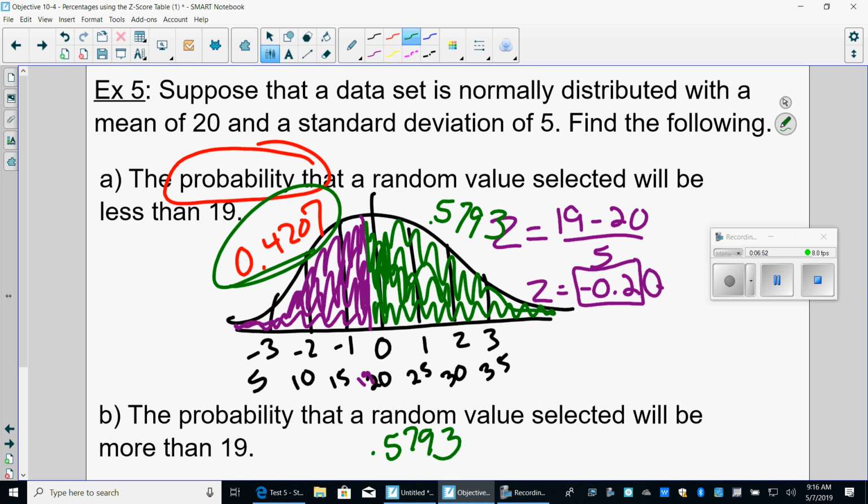If you're going to do it with the decimal, you subtract it from 1 whole. You with me? If you're going to do it in terms of percentages, then you subtract it from 100%. Because if you take 1 and make it a percent, move it 2 places, it's 100, right? Yeah. Okay.